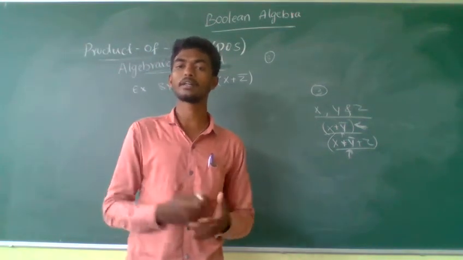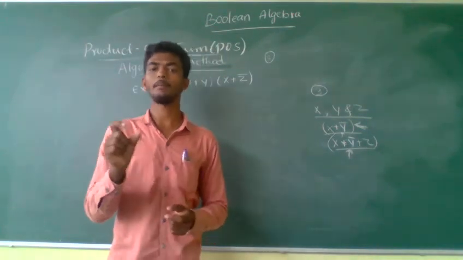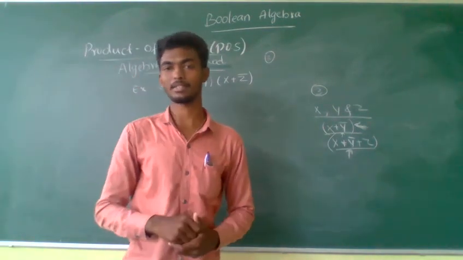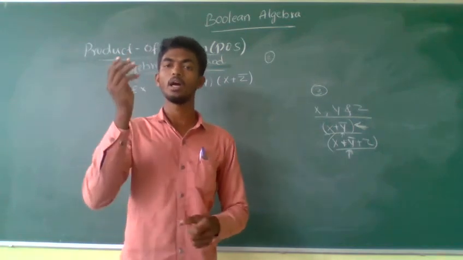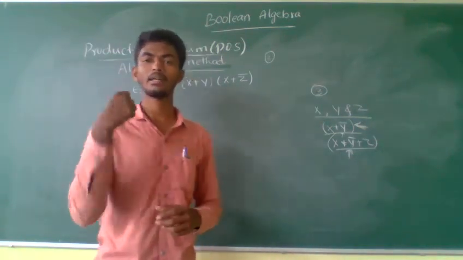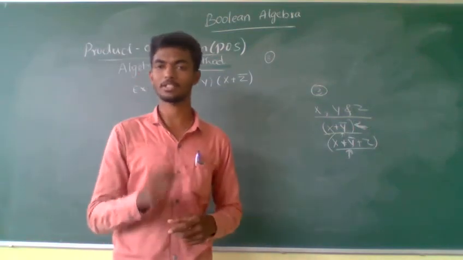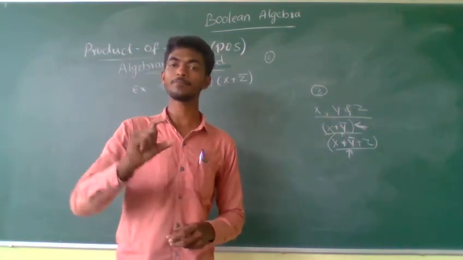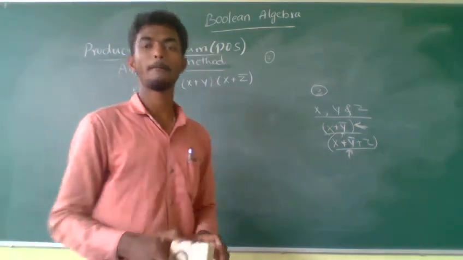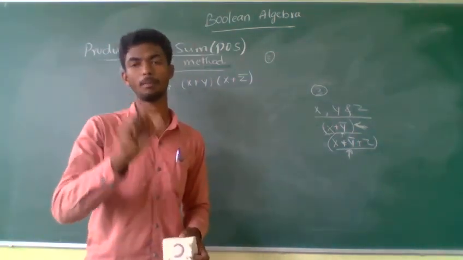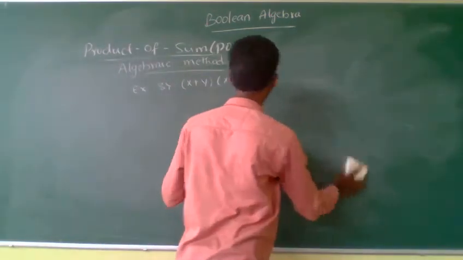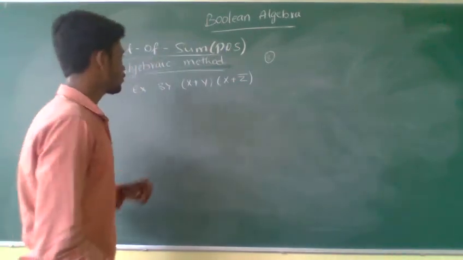Finally, we get the canonical expression, which may or may not have redundant max terms. Avoid the redundant max terms, write the canonical expression, and convert it to the shortened notation by converting binary to decimal. Now let us see, I will solve this for you.